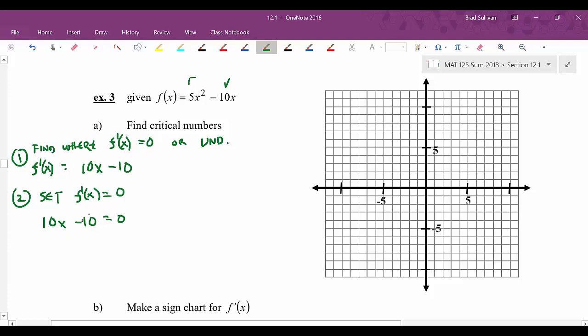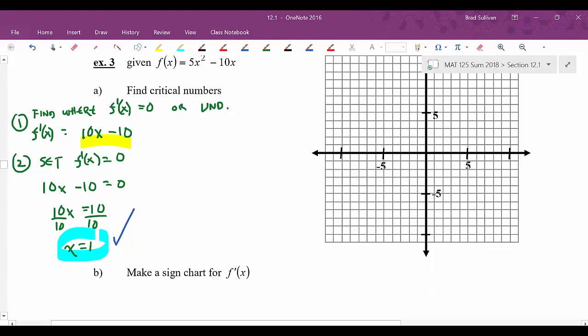Solve this equation. You can add 10 to both sides, divide both sides by 10, and you get x equals 1. So that would be a critical number. Now when you look at your derivative, the derivative is never undefined. That derivative, 10x minus 10, is a line. X can be any number in that derivative. So actually the only critical number is x equals 1. So that's what you get.